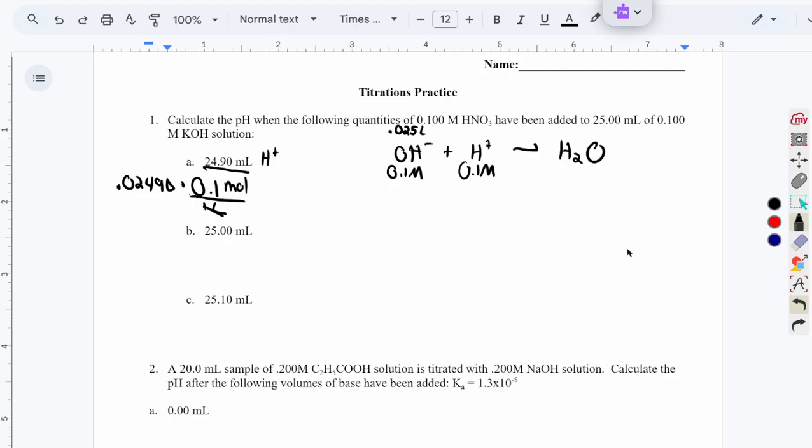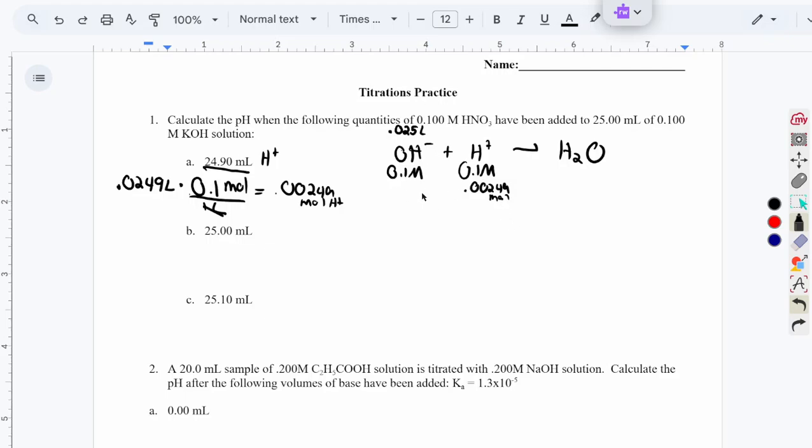If we multiply that out, that's going to give us 0.00249 moles of H plus. So that's the number that's going to go right here.